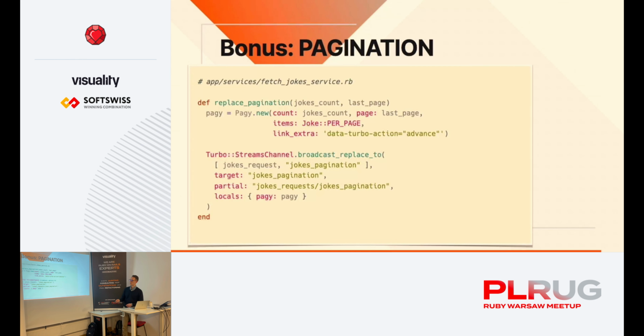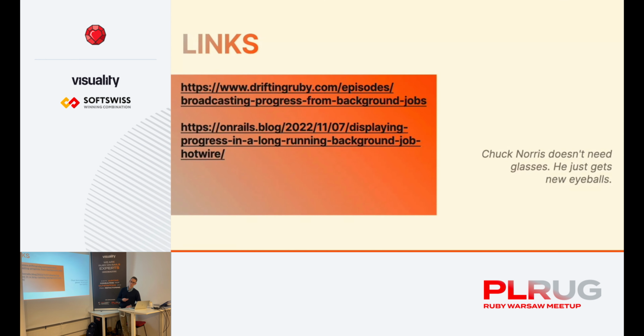When you have pagination. So you need to do exactly the same, just providing the actual numbers: the number of jokes that you currently have and the number of pages that you want to have. And if you have that, then you just pass this pagination element to the pagination partial and it should work. As you saw, it worked, kind of.